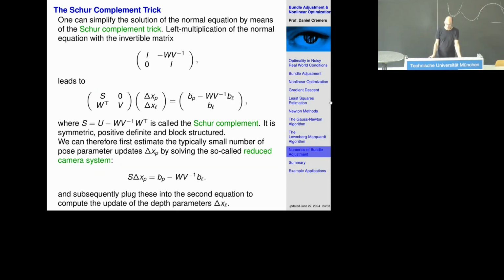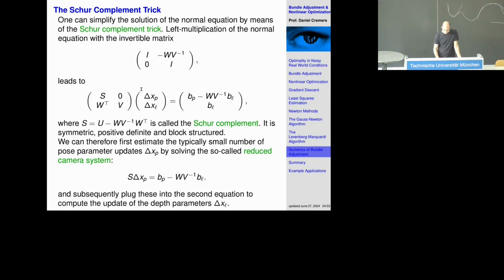And it is in fact equivalent to the original equation system, because this is an invertible matrix, so you're not changing anything about the solution. But what's notable is this zero here. That's the crucial thing. There is a zero that appears here. So this matrix multiplied by the updates in camera poses and landmarks is this vector.